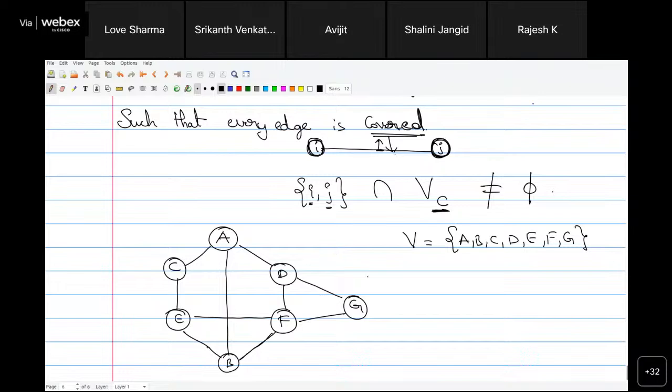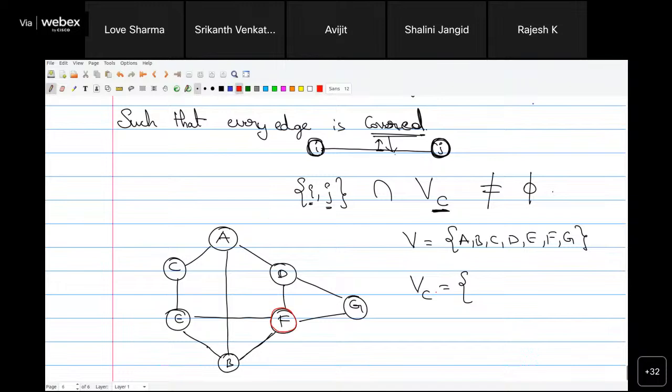So let us say I will start building this vertex cover slowly. In order to cover all the edges, I will pick the vertex which is incident to the most number of edges. Which one is the vertex that is incident to the most number of edges? F. Correct.